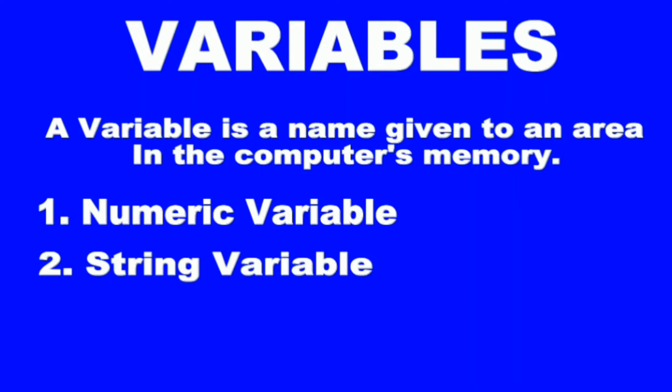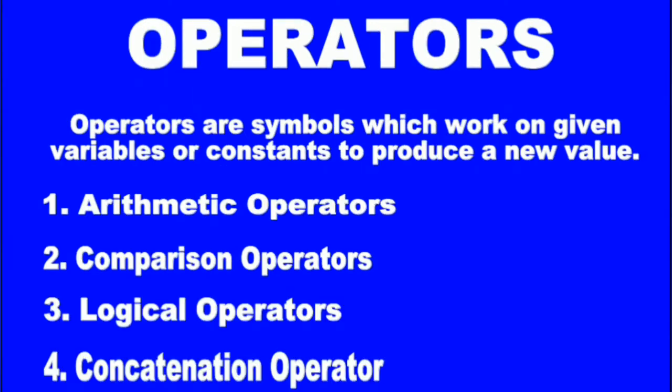There are two types of variables: numeric variable and string variable. A numeric variable is used to store and access numeric values, and a string variable is used to store and access string values.